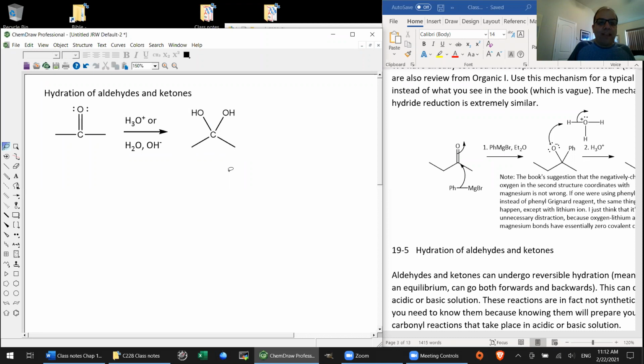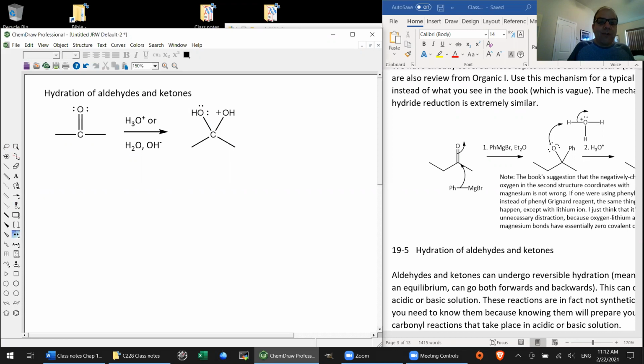And we've given and defined both those words in past lectures. But be that as it may, you wind up with an addition product of this type. And as you see, if you add H2O to this formula effectively, you get this. So that's what the hydrate of an aldehyde or ketone looks like.